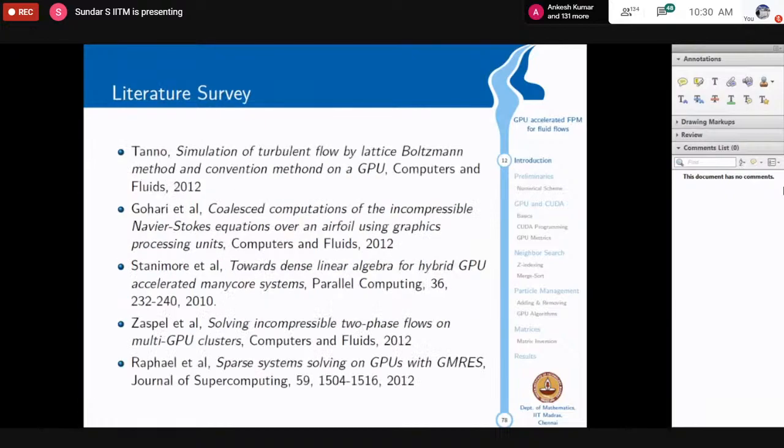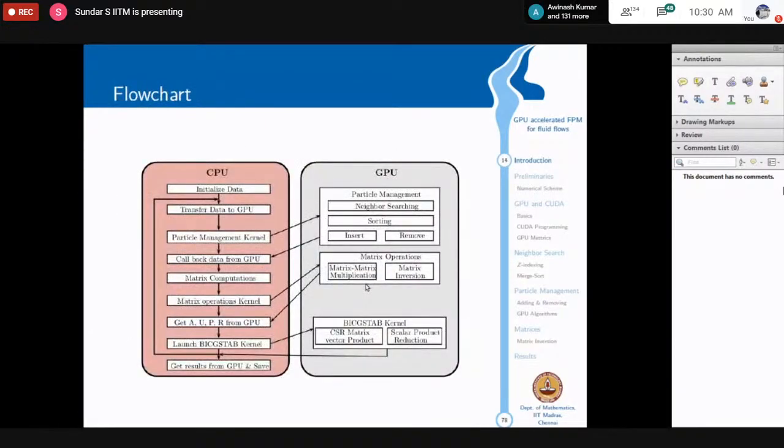So there is a lot of literature, and now you look at this flow chart. This is very important. I'll come back to this flow chart. This is a CPU and this is a GPU. What we have used is one GPU with the laptop, which I am using here. So you have a CPU.